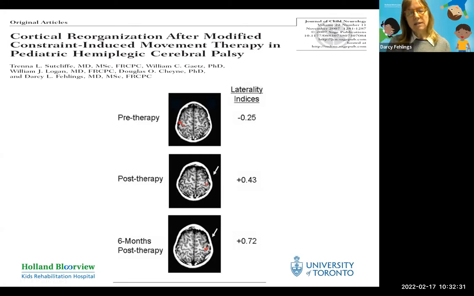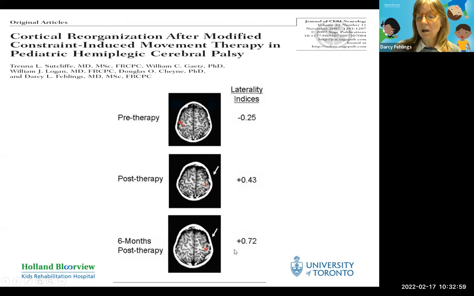So one of the things we were able to identify is that pre-therapy, children had this predominant ipsilateral control. We had negative laterality indices, and after constraint, we were able to shift activity back into the contralateral motor cortex, and the laterality index became positive.